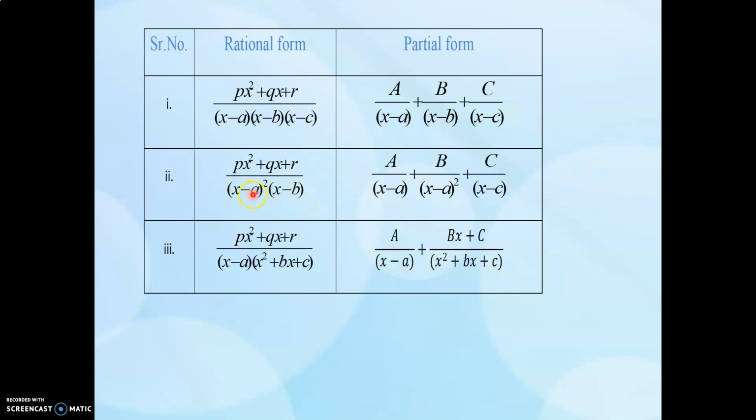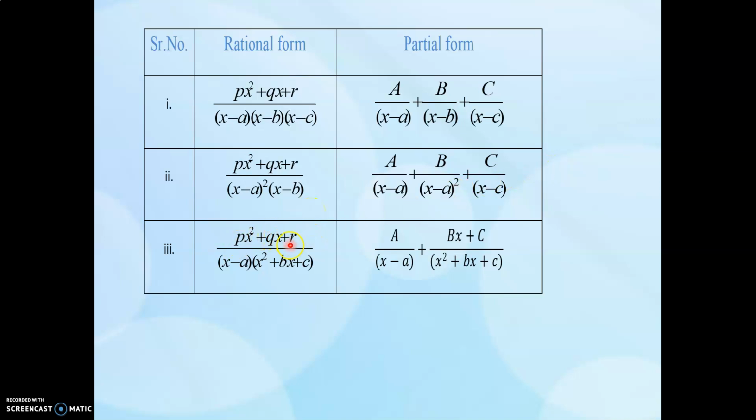Then here x minus a is a factor which is repeated twice. So A upon x minus a plus B upon x minus a whole square plus C upon x minus b. If it is repeating 3 times, A upon x minus a plus B upon x minus a whole square plus C upon x minus a whole cube, then D upon x minus b, whatever the next term will be, like that.